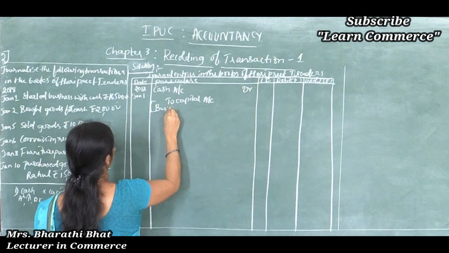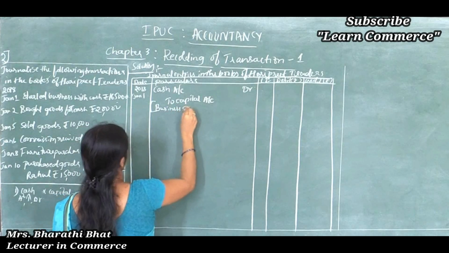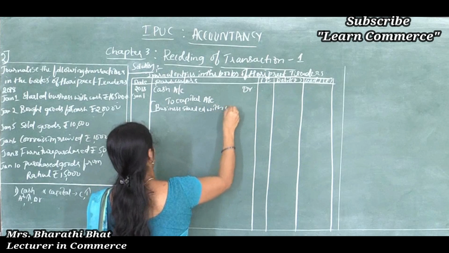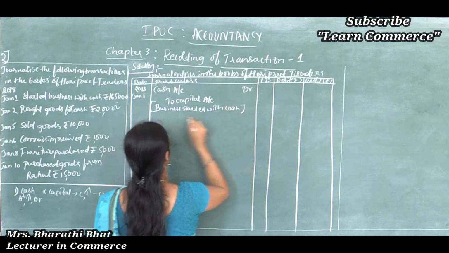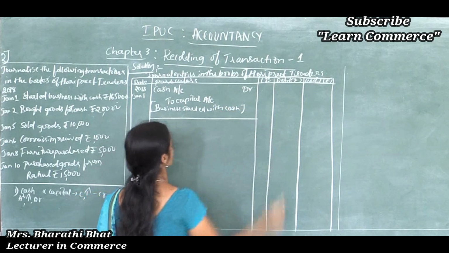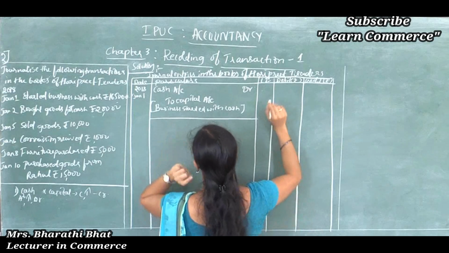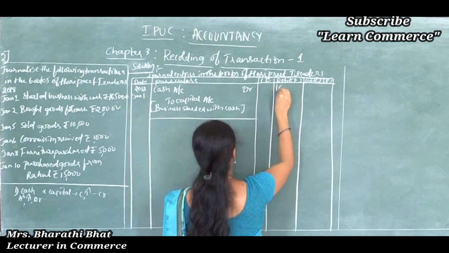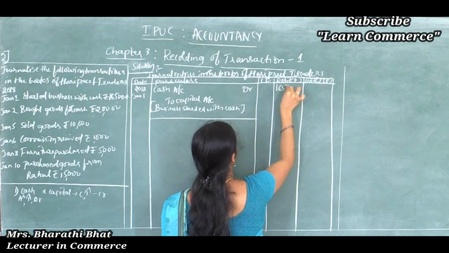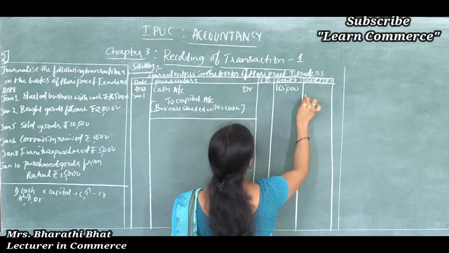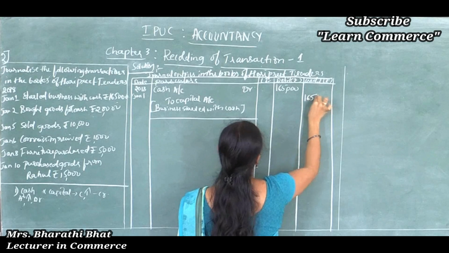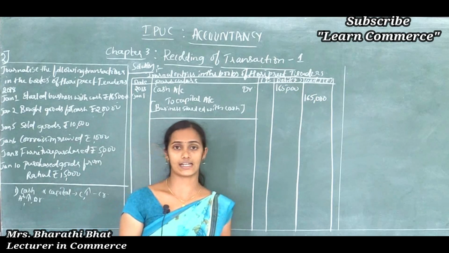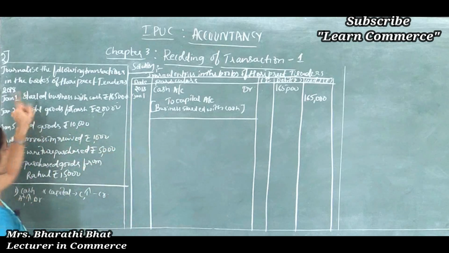Business started with cash. Next step, we should write the amount, 1,65,000, and the credit amount is also the same, 1,65,000. So it is the first journal entry for the transactions.